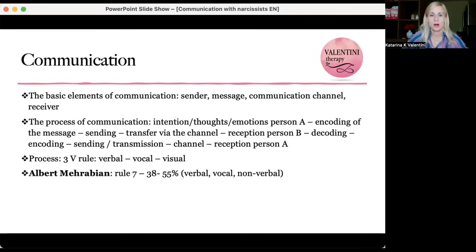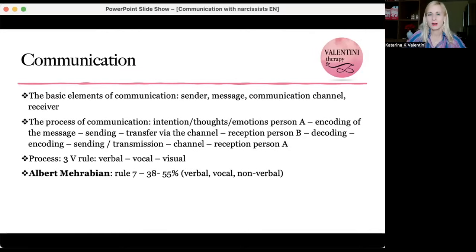So if your verbal and vocal and even visual communication are not aligned, if your verbal and visual communication are incongruent, then the narcissist will know you are faking it. The narcissist will read you very well because he's attuned to you.